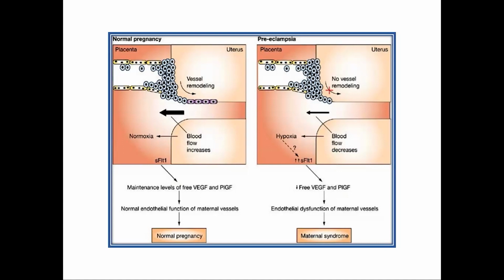On the other hand, there is mal-invasion. There is reduced invasion of the spiral arteries, and as such, there is reduced blood perfusion. And this ischemic placenta will release anti-angiogenic factors in the maternal blood, and that is why placenta is called toxemia of pregnancy.